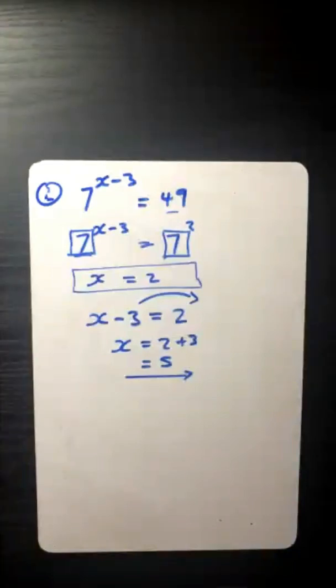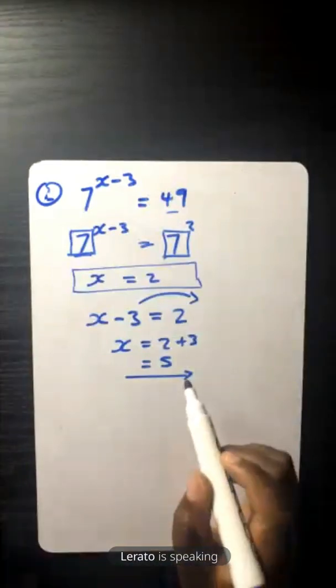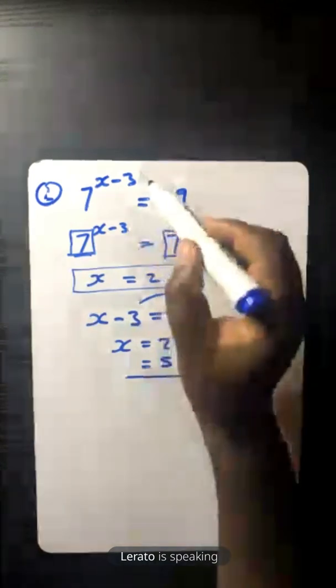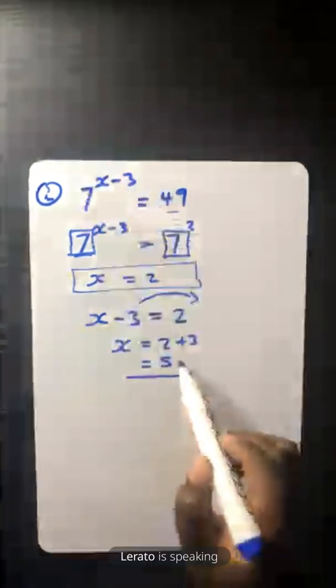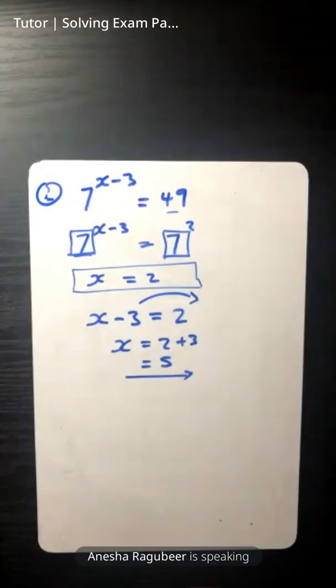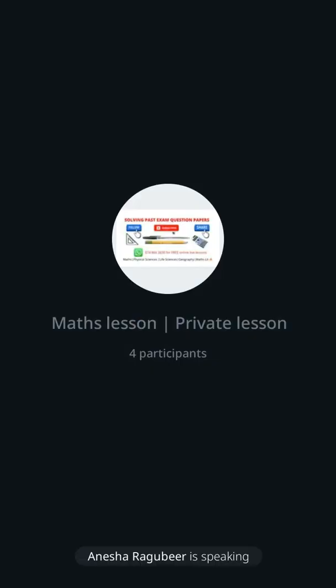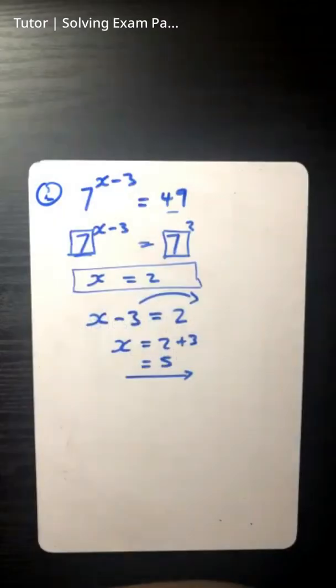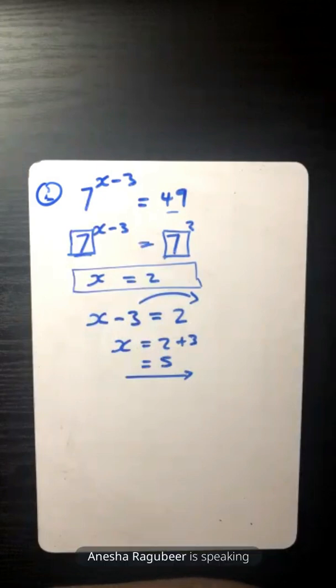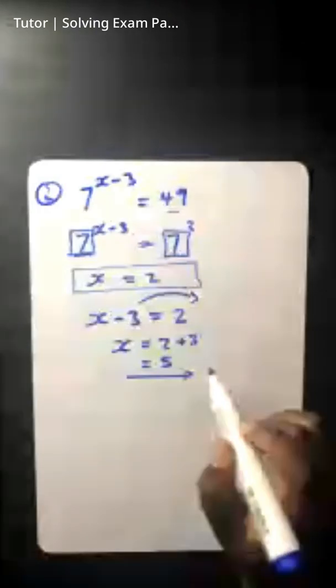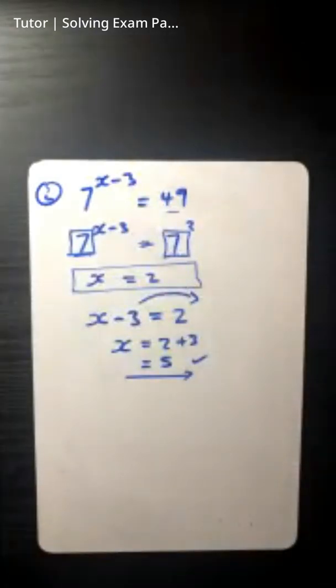So let's see. Can you explain how we prove if this final answer is correct? We have to take our final answer and replace it with our x value, which should be 7 to the power of 5 minus 3, which gives us 49, which means this answer is correct, isn't it?